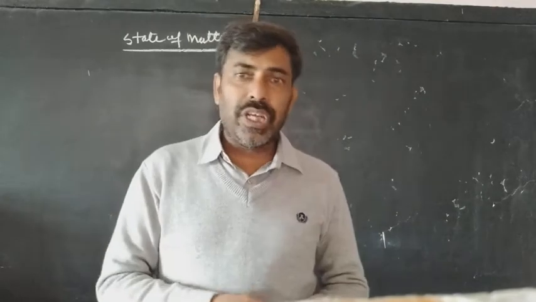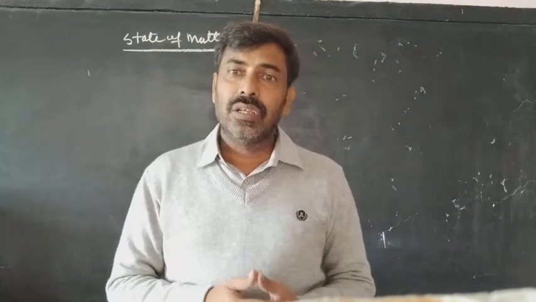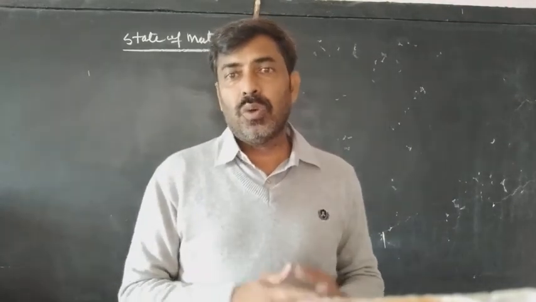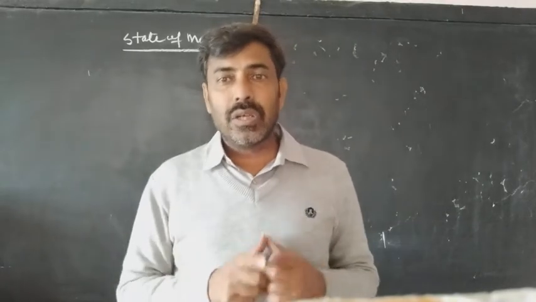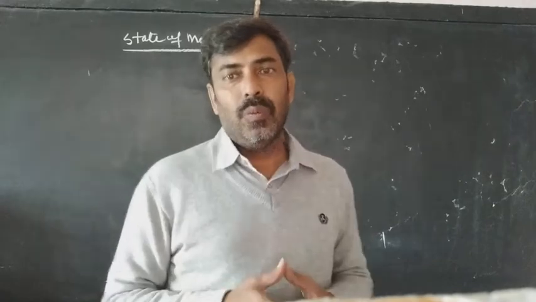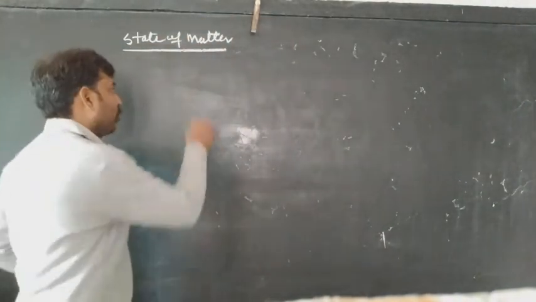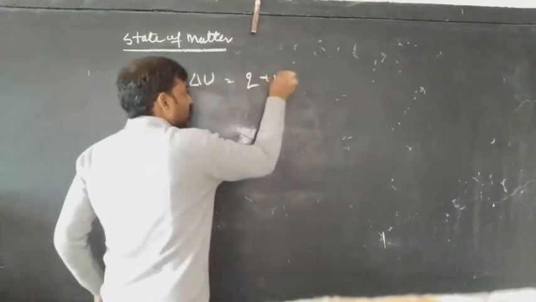So whatever heat and work is provided to the system can be considered as the internal energy change. Internal energy change is also a state function, and it is the sum of the heat and the work. So you can say that delta U, the internal energy change, equals Q plus W.